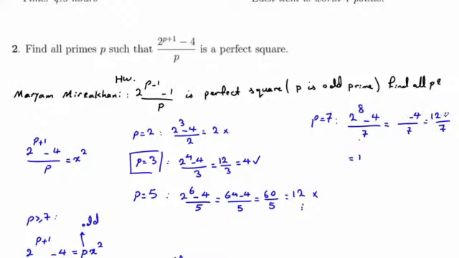Let me replace that: 256 minus 4 is 252. 252 over 7, if you divide it, is 36, which is 3 times 7, 21, 42, 36. It is another perfect square, so p equals 7 also works. So we proved that except p equals 3 and 7, there is no answer for this problem.